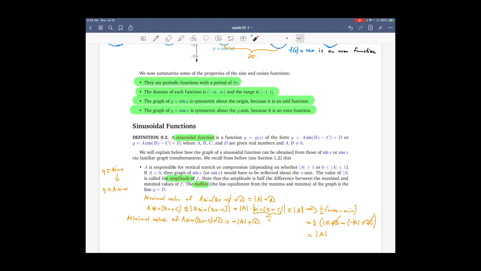A transforms the graph vertically. None of that changes the midline, only the vertical shift does. So without the D, the midline would still be the x-axis. When you shift vertically, the new midline becomes the line y equals d.